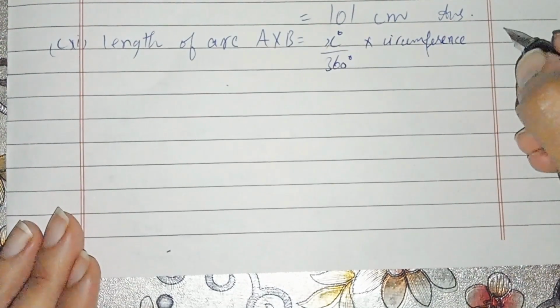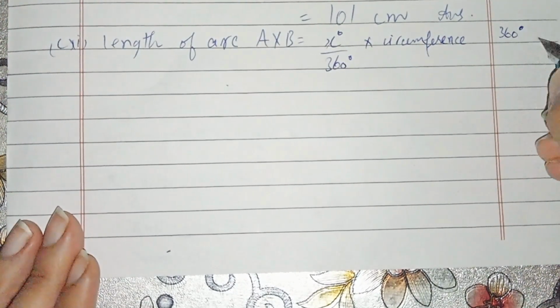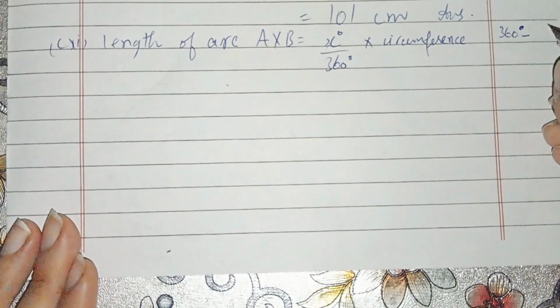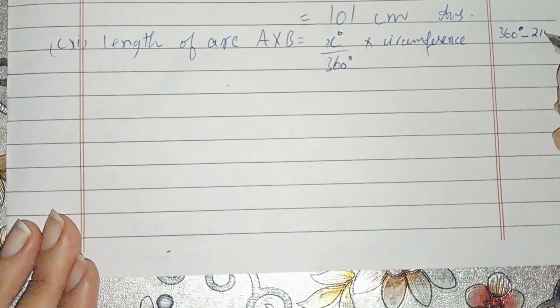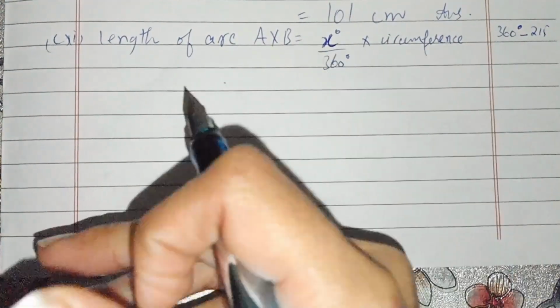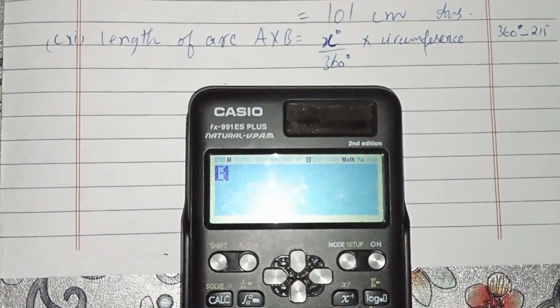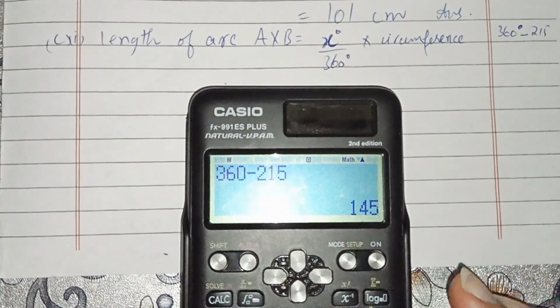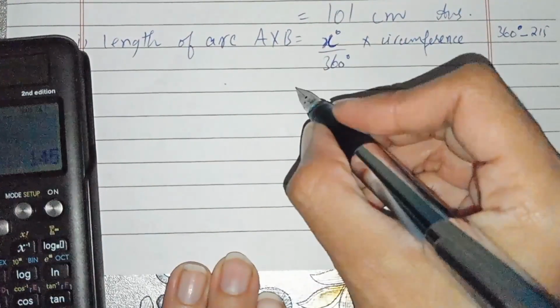x is not given to us, we have to subtract 215 from 360 and we get that x. 360 minus 215 and we get 145.